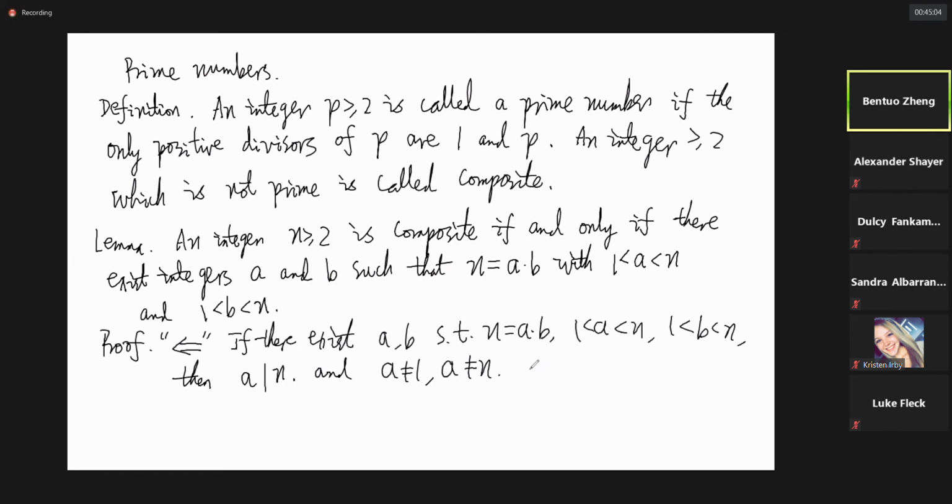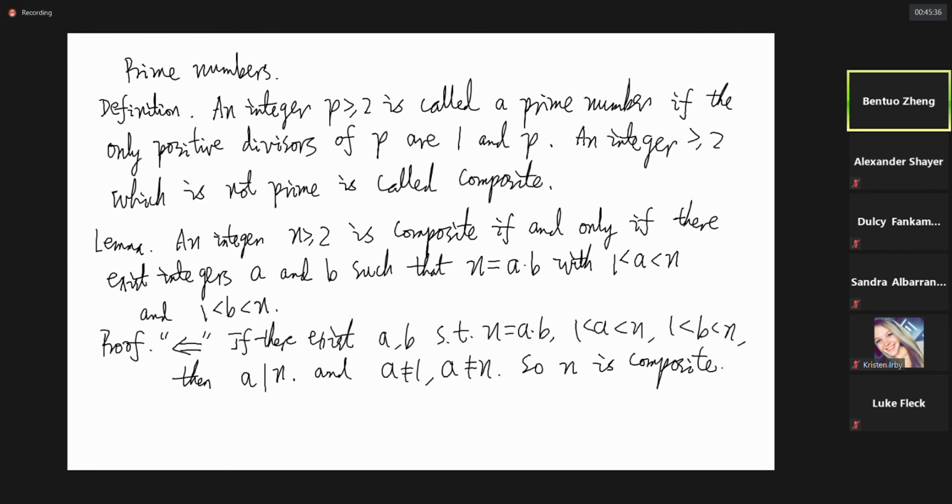So this tells you n must be composite. Because a prime number has only 1 and p as its set of all divisors, but you have a new divisor which is different from 1 and n. So n is composite. So the important thing is to prove the other direction.